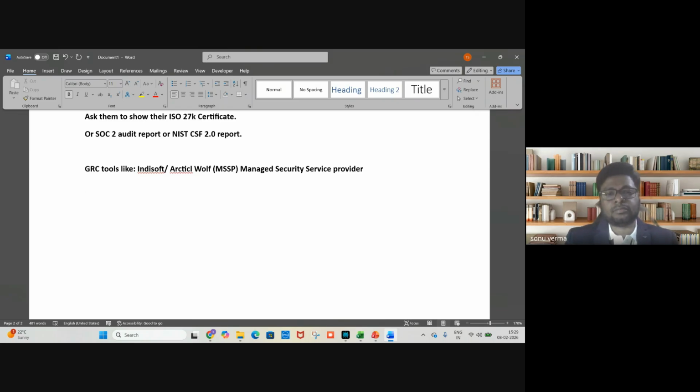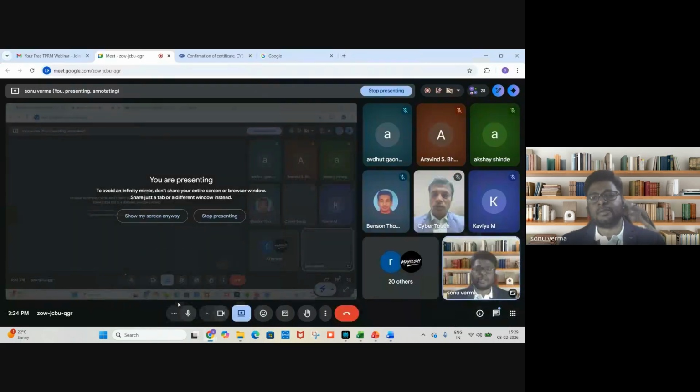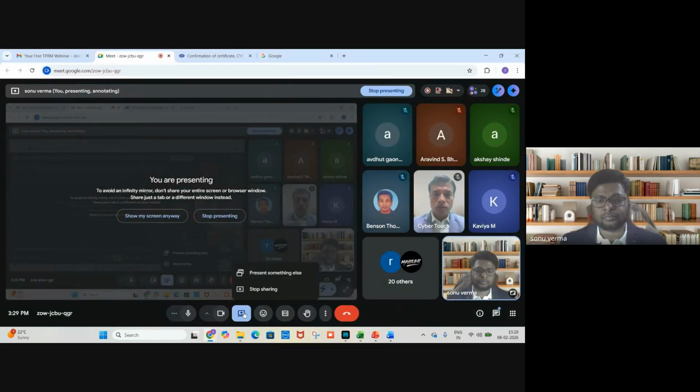Now, there is also, let's say, GenGRC. These are the companies that provide the tools where you can conduct your risk assessment on the vendors and the due diligence on this. Any question, team? Any question?